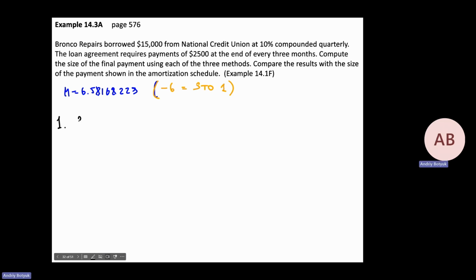So payment, it is actually present value, right? You need to find present value. 2,500 times 1 minus 1.025 to the negative 0.5816822 3, over 10% quarterly.